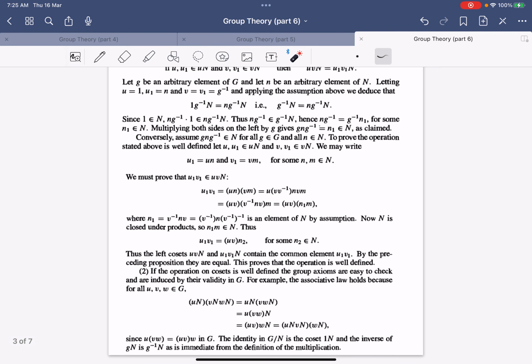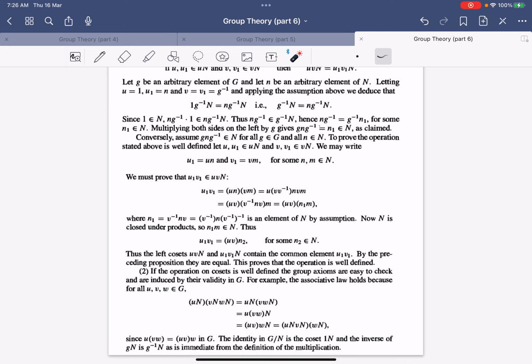Now if you assume the converse, you're saying that g n g inverse is an element of N, and you want to prove that the operation is well defined. So you suppose that you have other representatives in the cosets. You want to prove that u1 v1 is still an element of uvN.